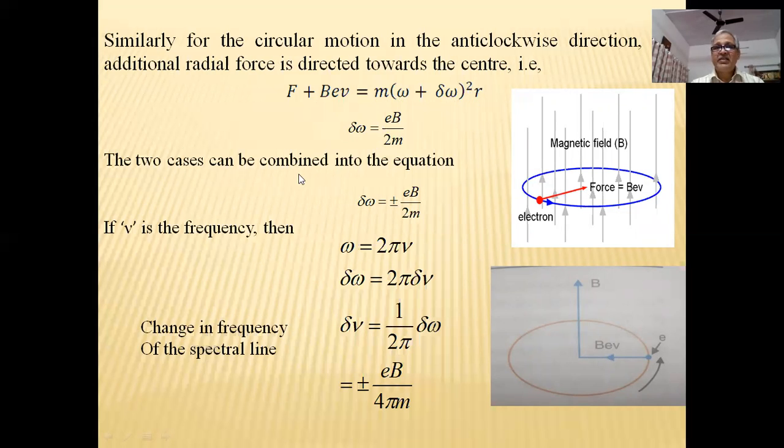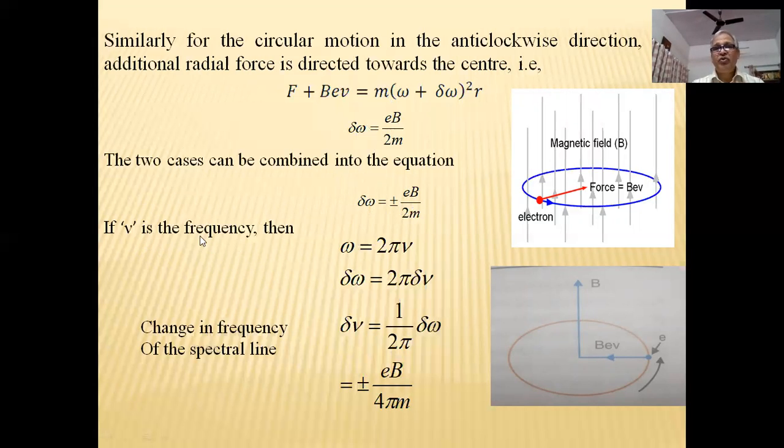The two cases can be combined into the equation delta omega equal to plus minus eB upon 2m. In the previous slide, for the clockwise direction, delta omega equals minus eB upon 2m, and for the anti-clockwise direction, delta omega equals eB upon 2m. So here we put the plus minus sign for considering both types of motion.